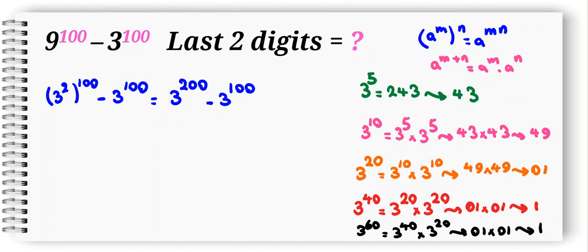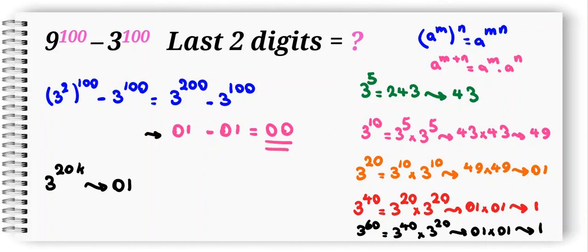Now we conclude that 3 to the 20k has last two digits 0, 1. Because 3 to the 200 ends in 01, and 3 to the 100 ends in 01, the difference will be 0, 0. So the last two digits of 9 to the 100 minus 3 to the 100 are 0, 0.